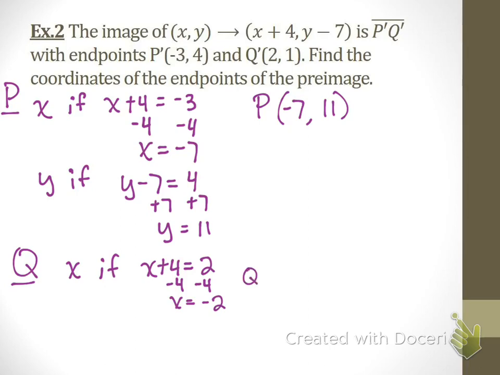So for q, my x coordinate's -2, but I still need to find the y. So we're going to find y if y minus 7 equals what? Y minus 7 gets set equal to 1, and then yes, when we add the 7, y does equal 8.